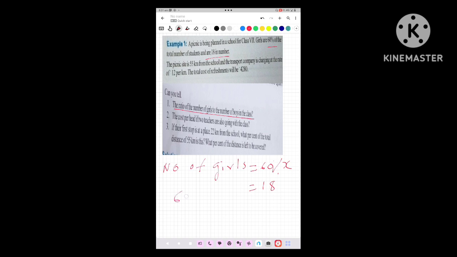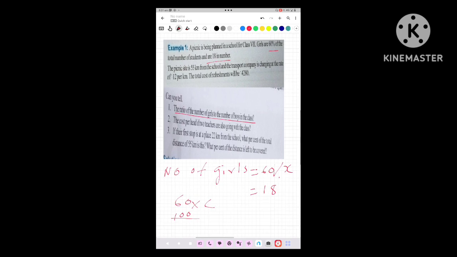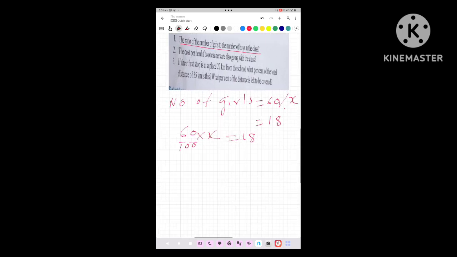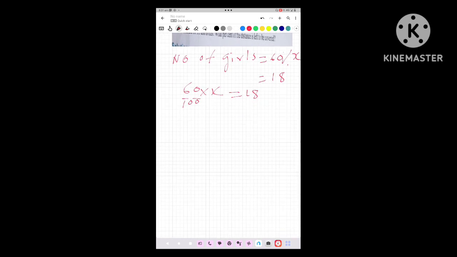So 60% of x means 60 by 100 into x equal to 18. So x is equal to 18 into 100 by 60.